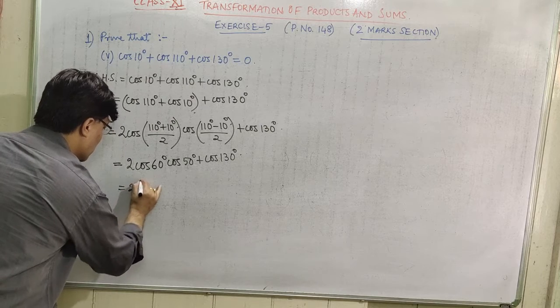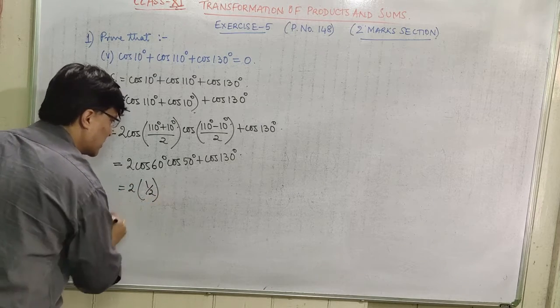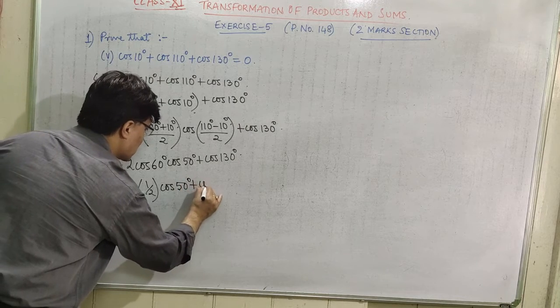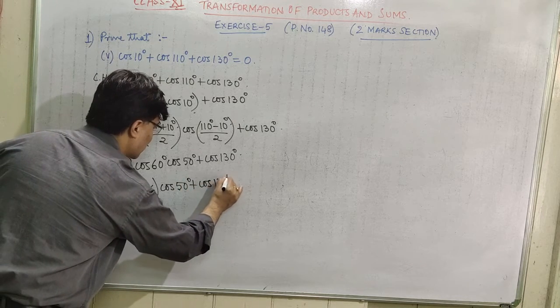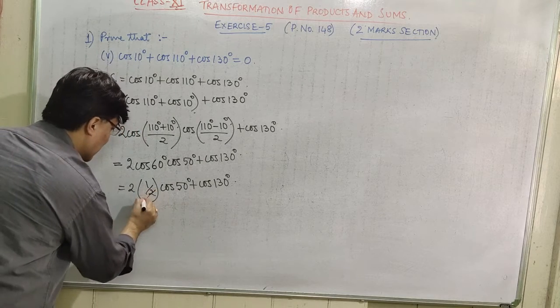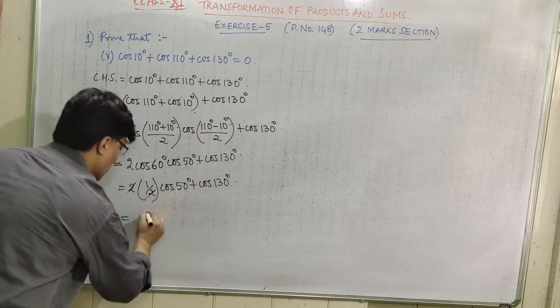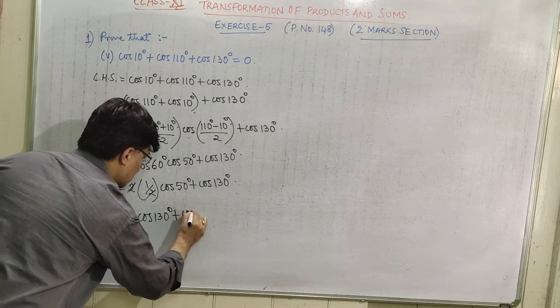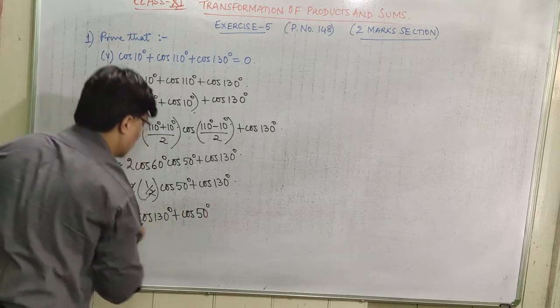So it is equal to 2 into cos 60. Cos 60, you know that this is half. Then it is cos 50 degree plus cos 130 degree. So your 2 gets cancelled. Let us write cos 130 degree first, and then cos 50 degree.